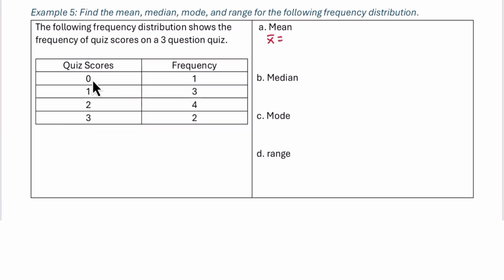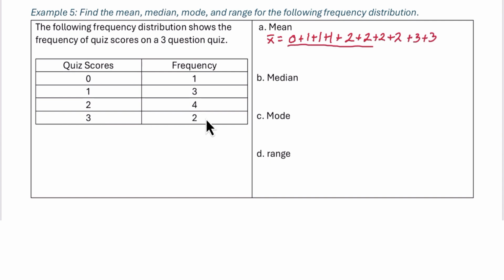But we can't just add 1, 2, 3 because we have to look at their frequency. 0 occurred 1 time. Plus 1 occurs 3 times. And then 2, this quiz score occurs 4 times. And then 3 occurs twice.